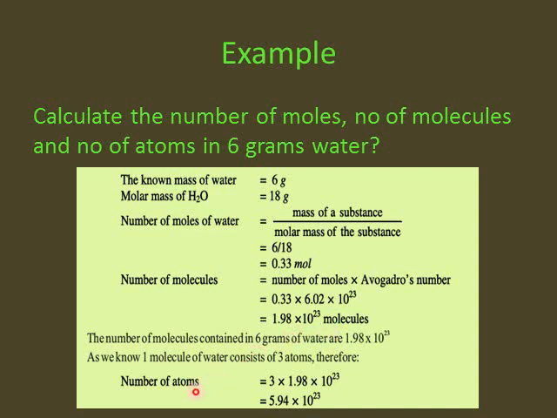Now how can we find the number of atoms? How many atoms are present in water? 2 atoms of hydrogen and 1 atom of oxygen. So in totality there are 3. So these 3 atoms will be multiplied with the number of molecules or number of particles. So we will get the number of atoms, which is 5.94 multiplied by 10 raised to power 23. So it's quite simple.